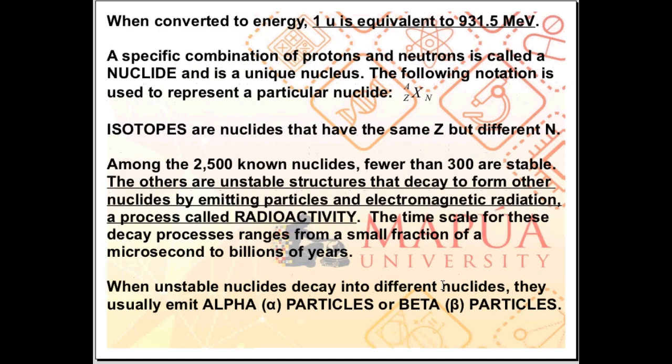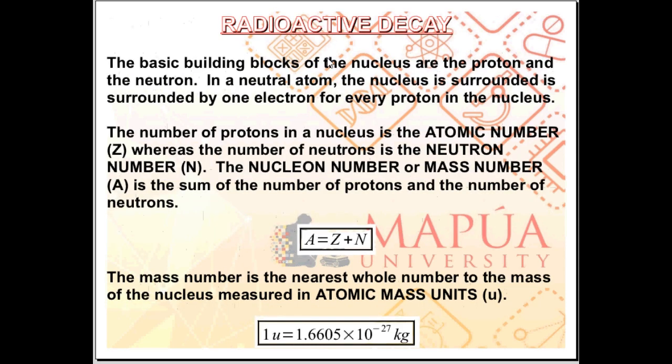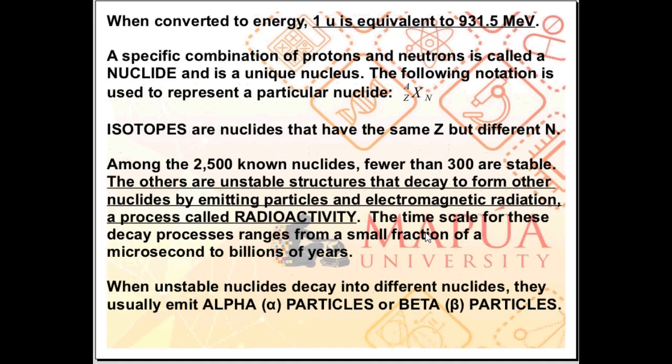And when converted to energy, 1 atomic mass unit, 1 U, is equivalent to 931.5 mega electron volts.